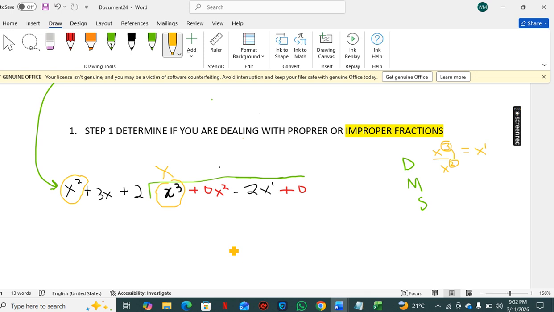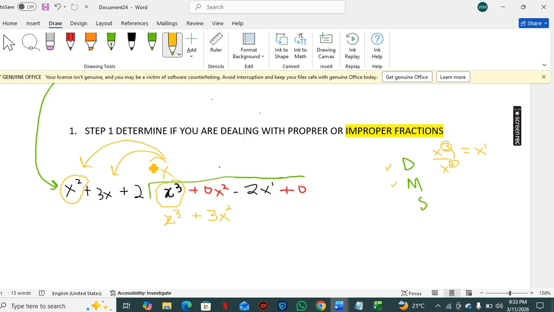Okay, step 2, multiply. So what are we multiplying? You're going to say x times x squared. You're going to get x cubed. x times 3x, you're going to get 3x squared. So I'm just saying, if we never had this 0x squared here when we're subtracting this 3x squared, you won't have anything to subtract it with.